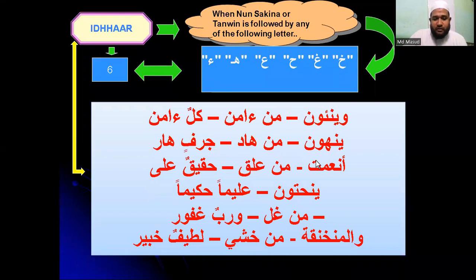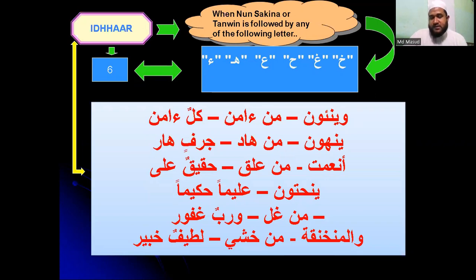With a lot of examples, everything about izhar will be much clarified and you will have a deep knowledge about izhar. The first example is wayan awna. So you see Noon Sakin is followed by Hamza. Hamza is a huruf al-halqiyya, that's why we're applying the izhar rule here.